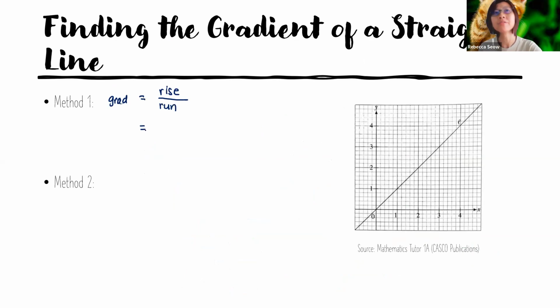Now, what is rise? Try to associate rise with the rising of the sun. Or if you're asked to rise from your seat, you rise upwards, right? You get up from your seat. So you rise, and it's a vertical movement.